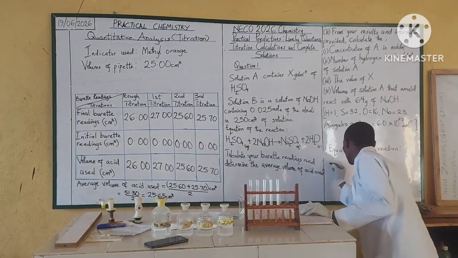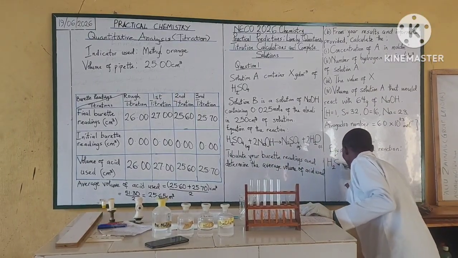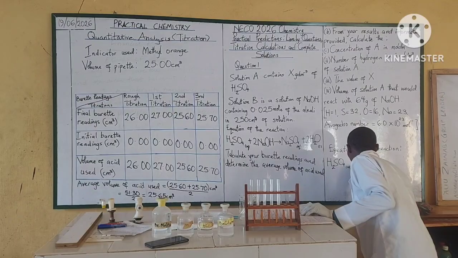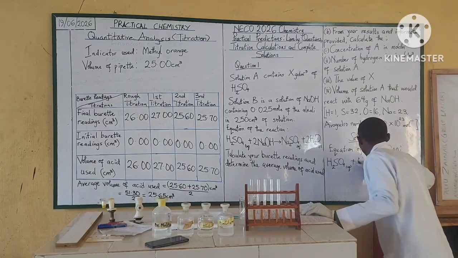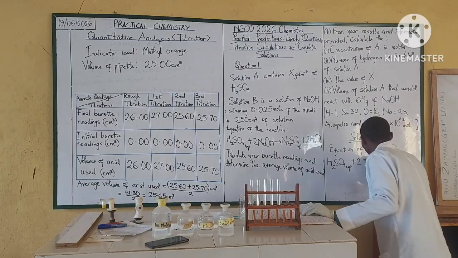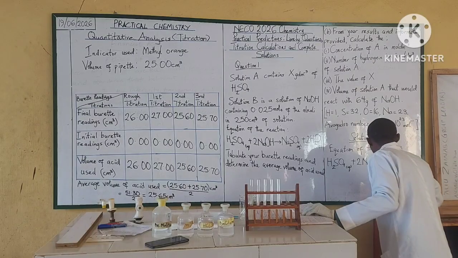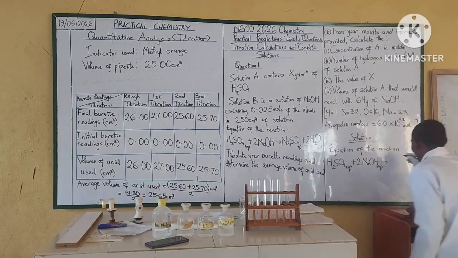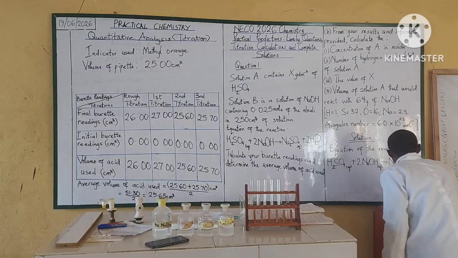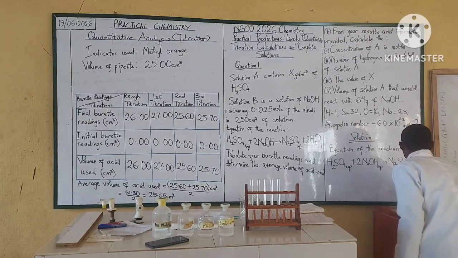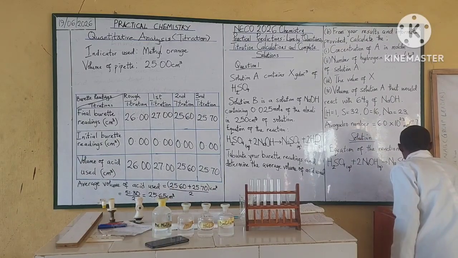Now, we will rewrite the equation of reaction as this: H2SO4 aqueous plus 2 moles of sodium hydroxide solution to produce Na2SO4 aqueous plus 2 moles of H2O.